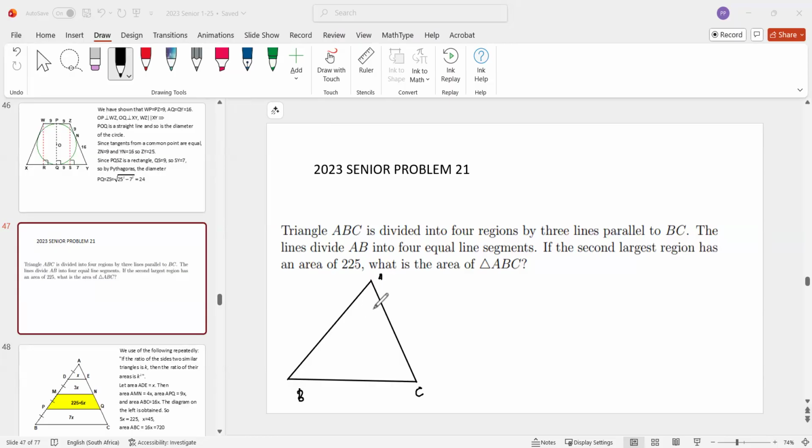The line AB is divided into 4 equal line segments. So this is AB. So let's just make them 4 equal line segments. And then you've got all these parallel lines. All these lines are parallel to BC.